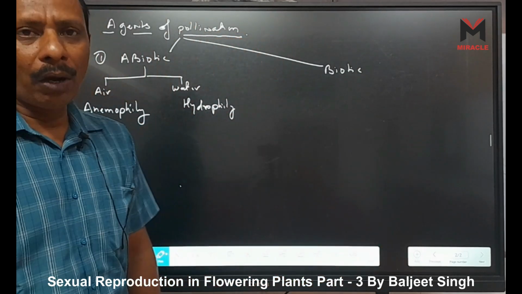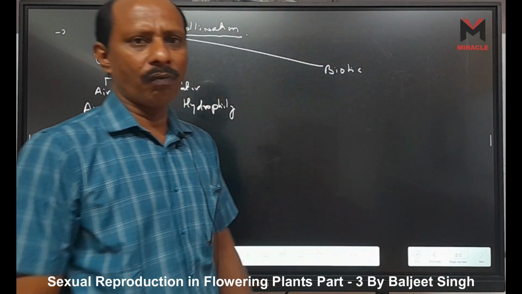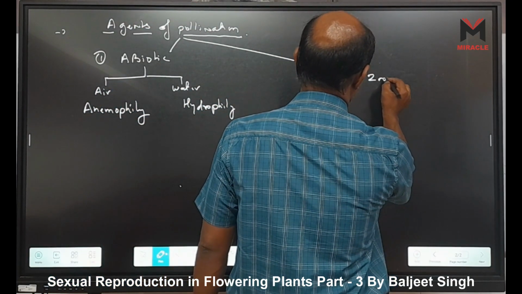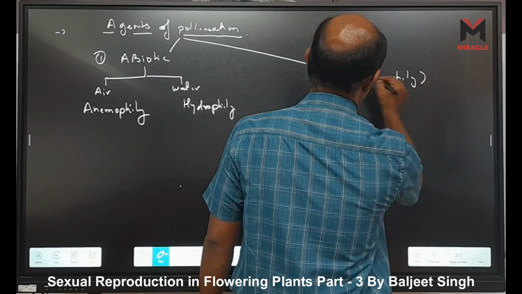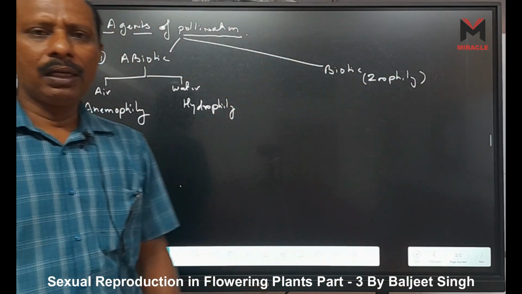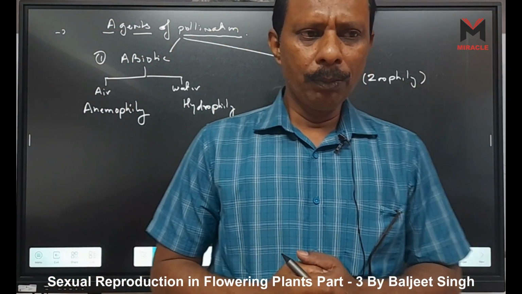Second, we have zoophily, that means biotic pollinating agent. Biotic pollination means animals are involved, so for animals we call it zoophily. In zoophily, different animals mean different types of pollination, because they are specific.